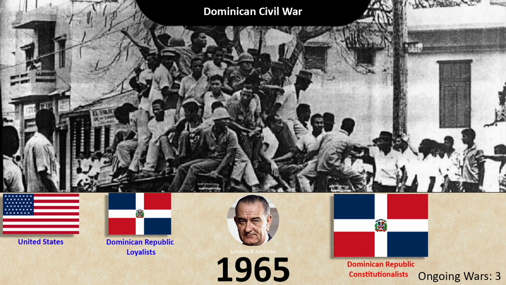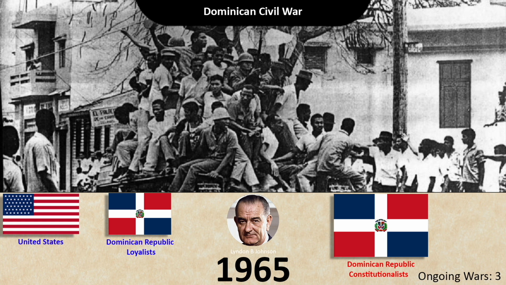Same year in 1965, we'd get the Dominican Civil War, and basically Juan Bosch would overthrow the military-installed President Donald Reid Cabral from office, which would then lead to military loyal to President Reid, or loyalists, initiating an armed campaign against the so-called constitutionalist rebels.